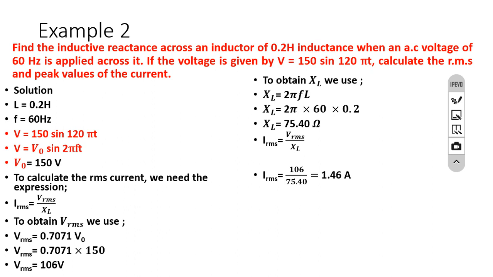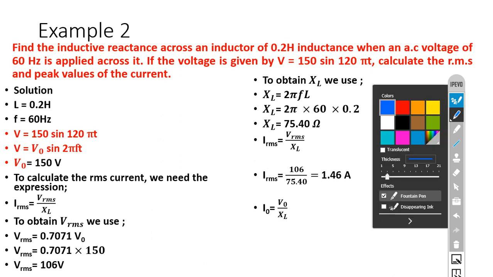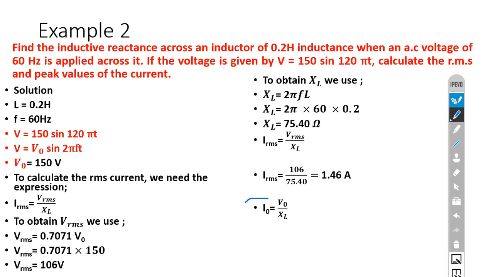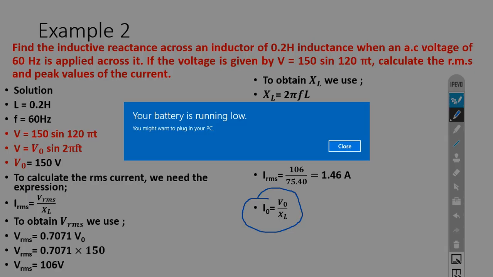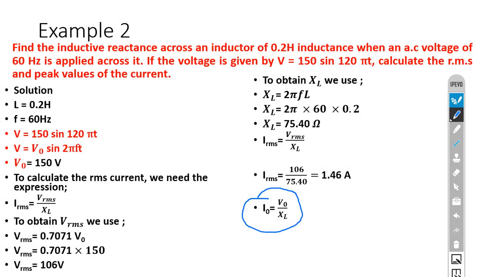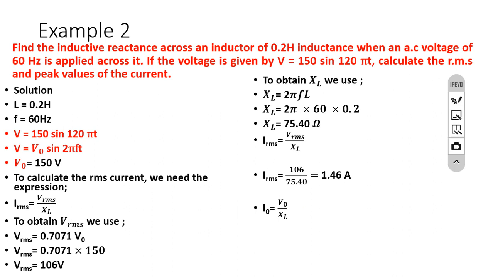So we are also going to find peak value of current. This is the expression we are to use. When we do that, we obtain I equals to 1.99 ampere.